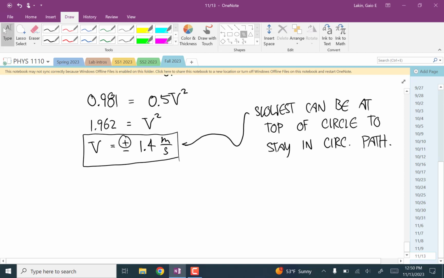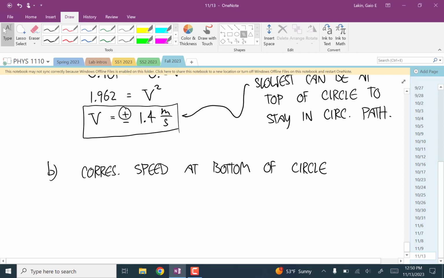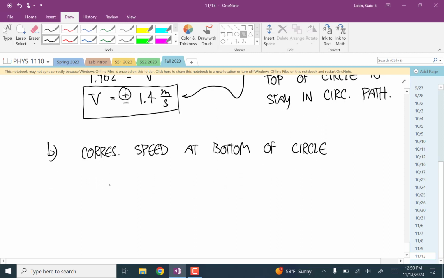Now we're trying to figure out what the speed of this ball is at the bottom of the circle. We're trying to find that corresponding speed at the bottom of the circle. Well, let's think about a representative free body diagram.